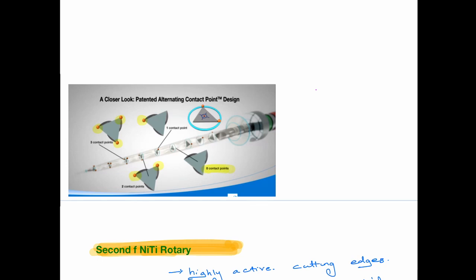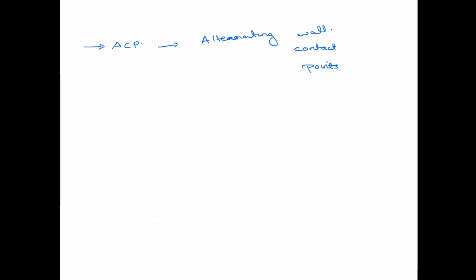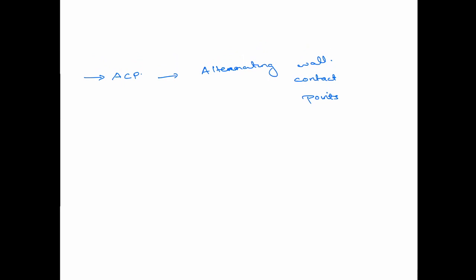It's not like normal files where there are regular contact points, where it is regularly three. Here it is changing. It's three, then two, then one, so different. In this area there is three, then you have two here, then one here, and nothing here. So that is what alternating wall contact points are. Different walls have different contact points, that is alternating wall contact points.